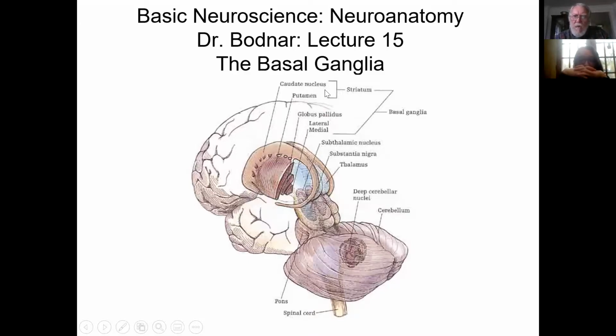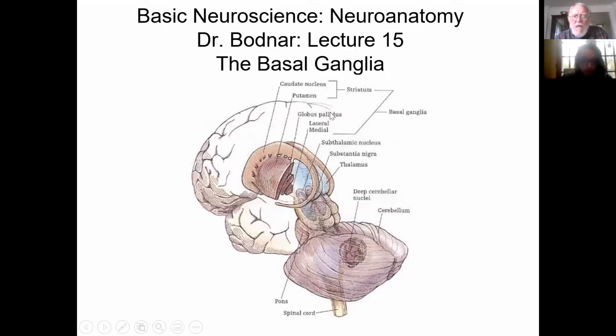The caudate and the putamen are collectively known as the neostriatum, neo meaning newer, and so by default, the globus pallidus is known as paleostriatum, older.